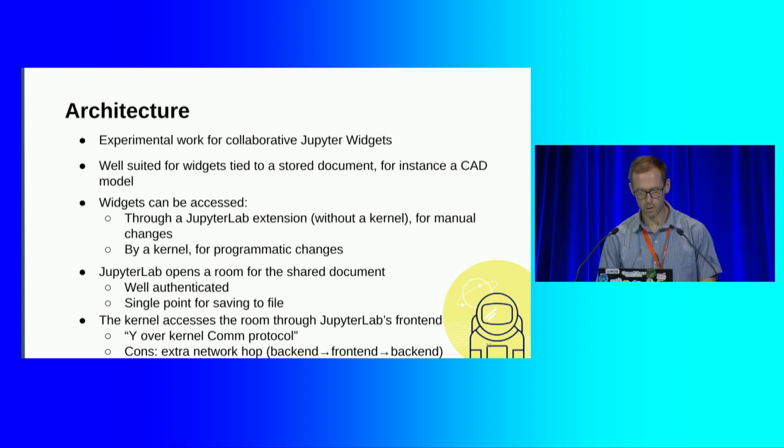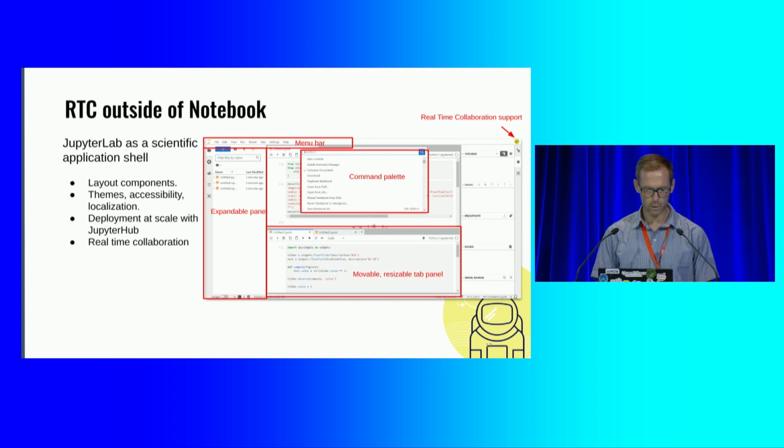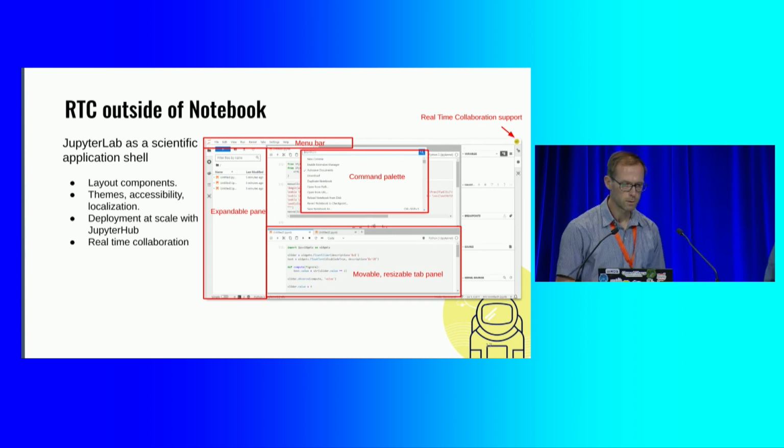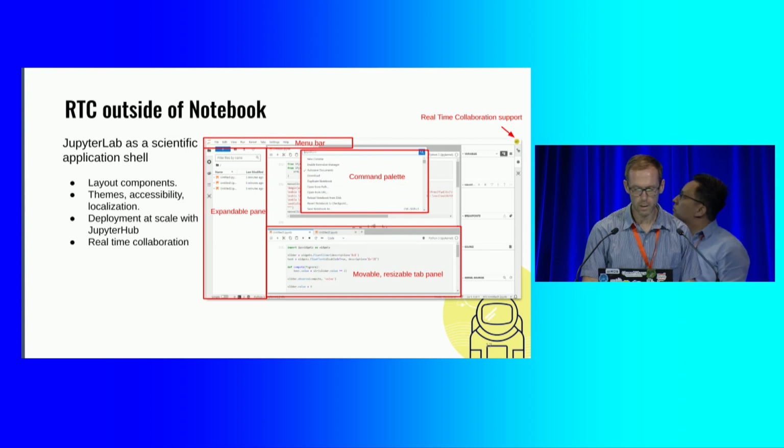So this works pretty well, but it has the drawback of needing an extra hop in the network, because basically the kernel, which lives in the backend, first communicates with JupyterLab in the front end, which then communicates back again with the backend. We could go directly from backend to backend, and this is actually something we are thinking about implementing in the future. And Trung will now present a use case with JupyterCAD.